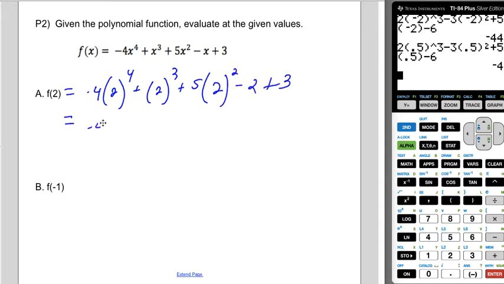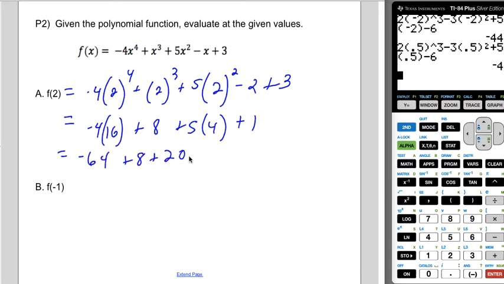So this is going to be negative 4 times a 16 plus an 8 plus a 5 times a 4 minus 2 and a plus 3 is a plus 1, right? So I'm going to get that this is a negative 64 plus an 8 plus a 20 plus a 1. If I put all the positives together, which is sort of the easiest way to do this, I get a positive 29 and a negative 64. So that should be a negative 35. Yeah, that checks out. So I get a negative 35.